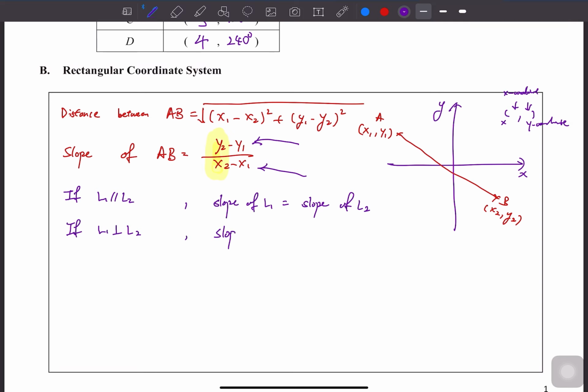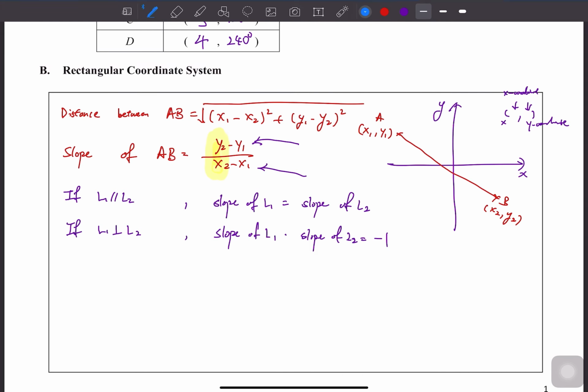So I will write down the full format, or let M be the slope. Slope of L1 times slope of L2 is equal to -1 for perpendicular lines.